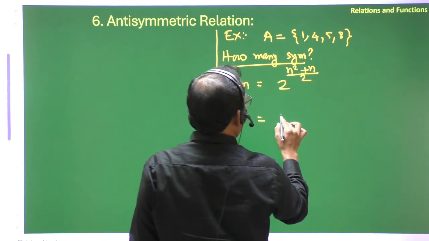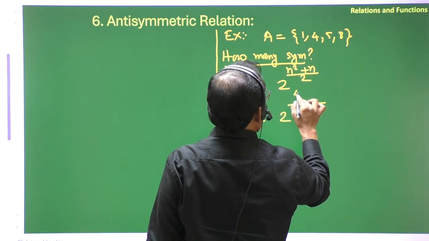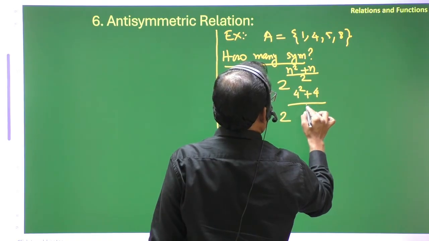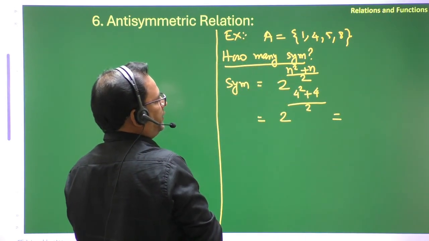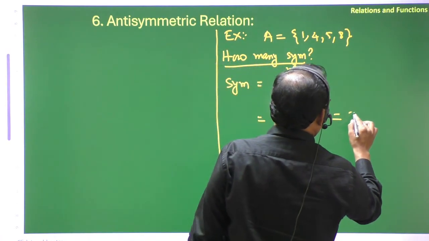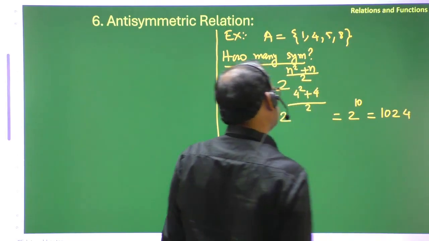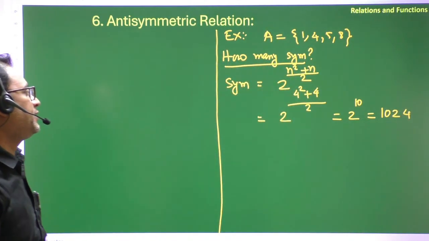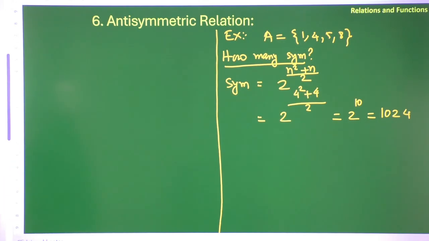Here n is 4, so that is 4 square plus 4 by 2. 4 square is 16, 16 plus 4 is 20, 20 by 2 is 10. That is 2 power 10, which means 1024. So 1024 symmetric relations we can define on the set A, which contains the 4 elements 1, 4, 5 and 8.